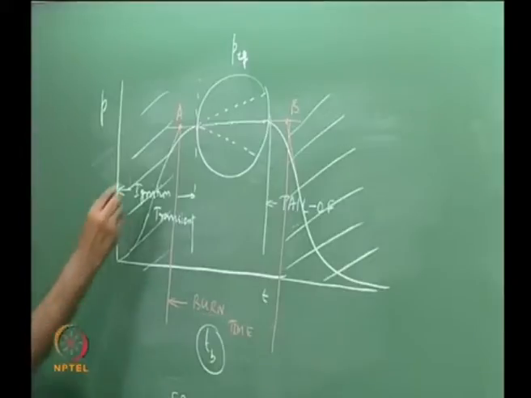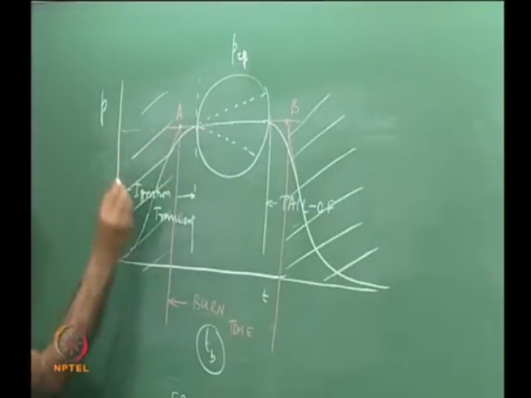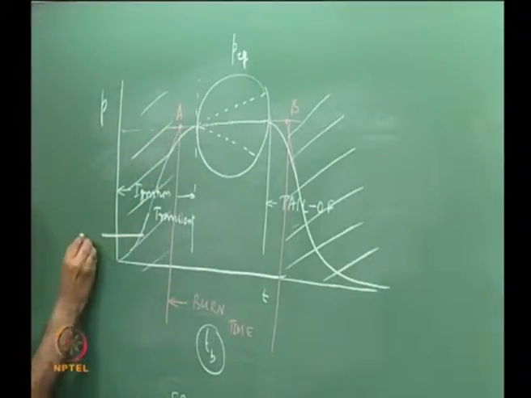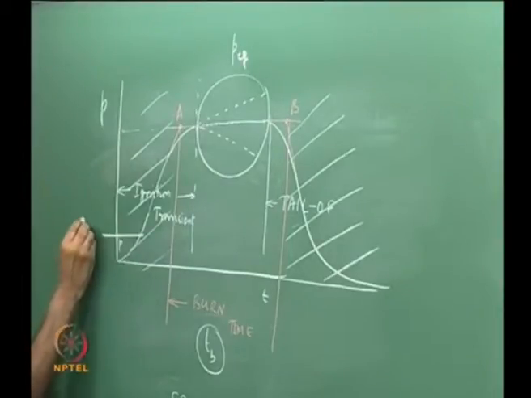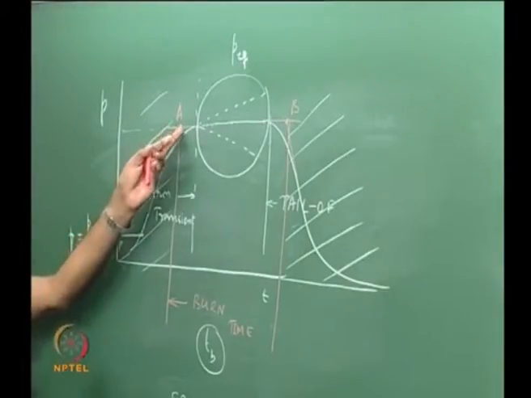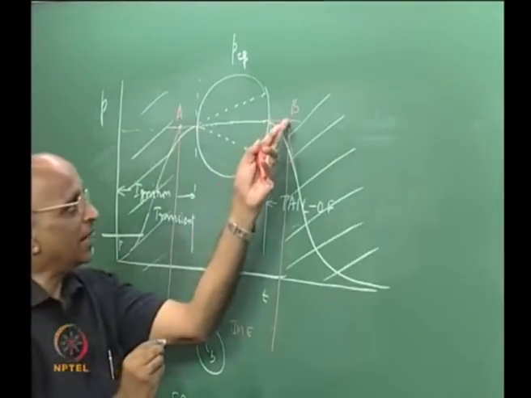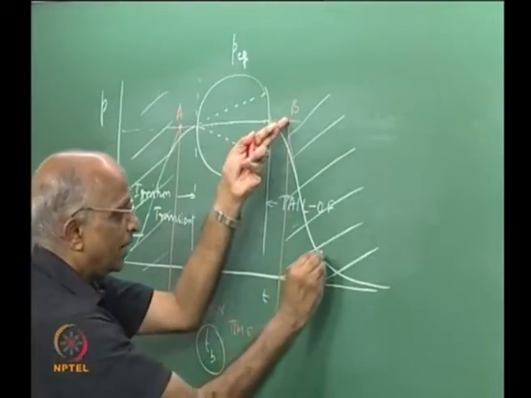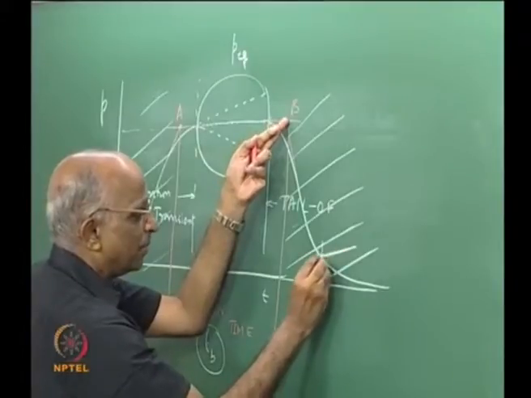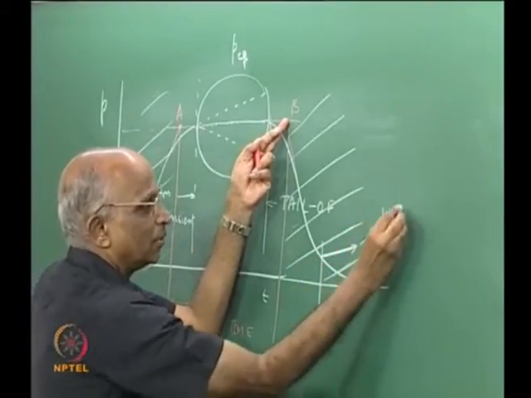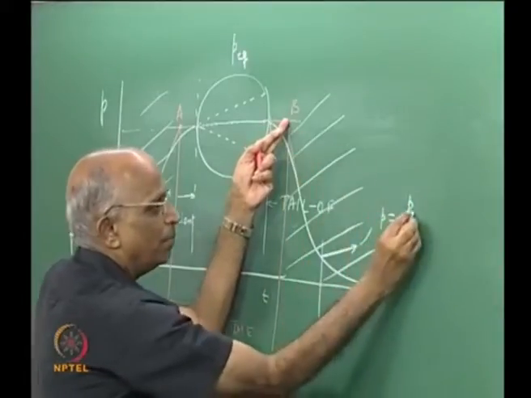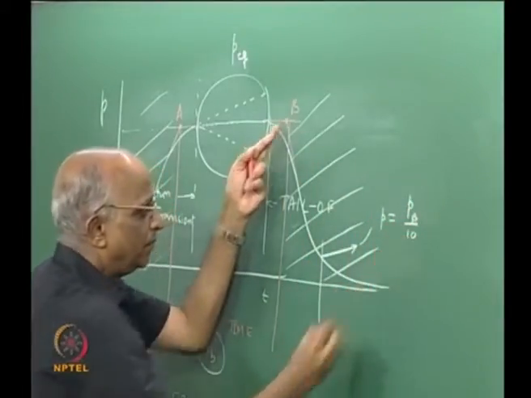In other words, I take the maximum pressure reached over here, and I find the pressure at this point as the value corresponding to A divided by 10, that is 10% of the value here. Similarly, I get the value of Pb here, the pressure corresponding to this point is the pressure corresponding to B divided by 10.